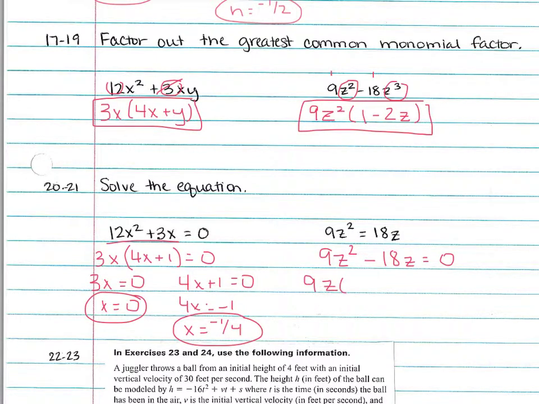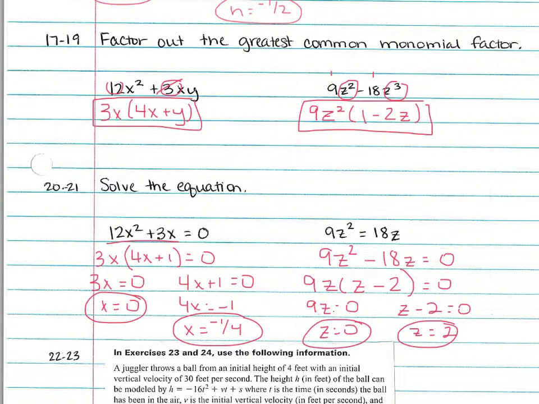That leaves me with just a z, because I took the 9 and one of the z's out, minus 2, because I took 9 of the 18, so I divide that, I get 2, and I took the z away. So now I can set both of those parts equal to 0. And the first one will give me z equals 0, and then z equals 2. And those are my two solutions.